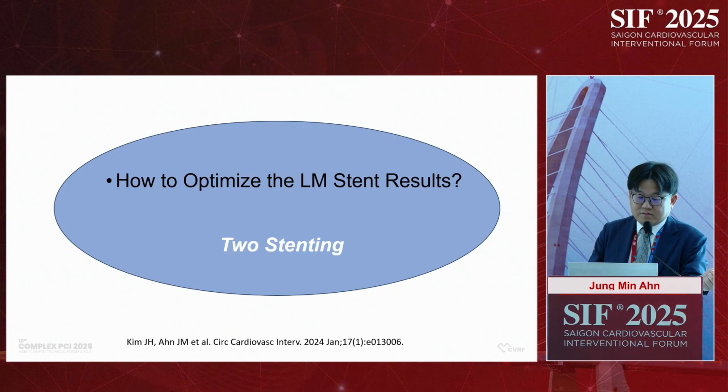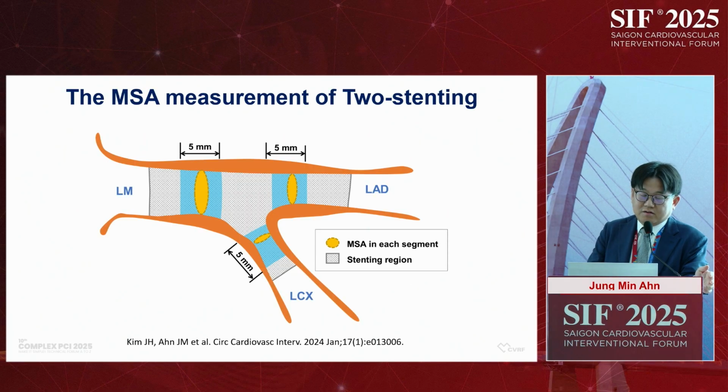So first, we looked at how to optimize left main stenting based on the two-stent population only. We separated the two-stent and one-stent populations. We only enrolled patients who underwent the two-stent crush technique, including the conventional crush and balloon crush.